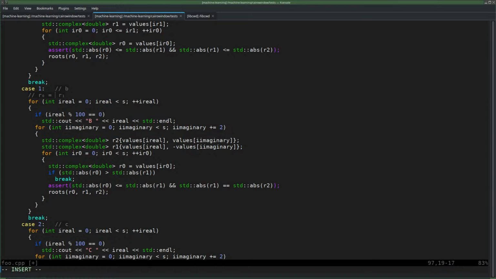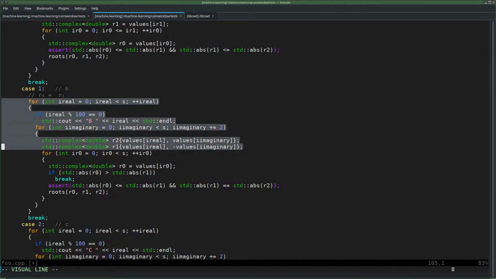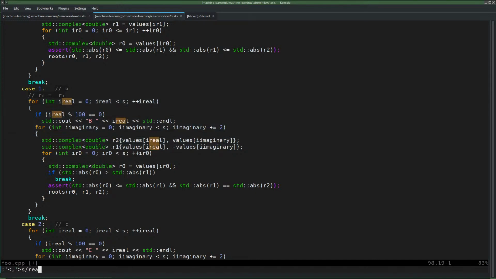Let's write them out as the complex number. Let's call the real part simply alpha, and beta for the imaginary.